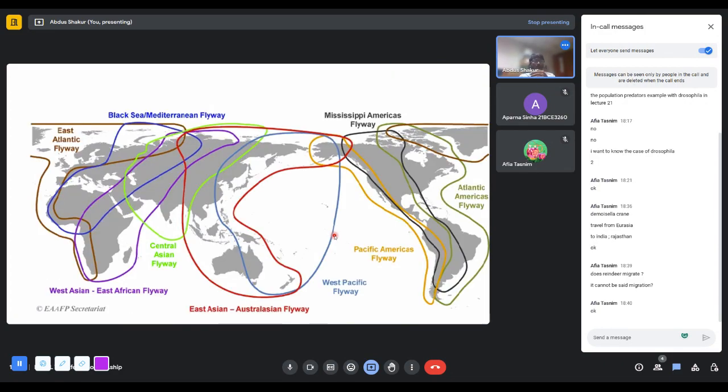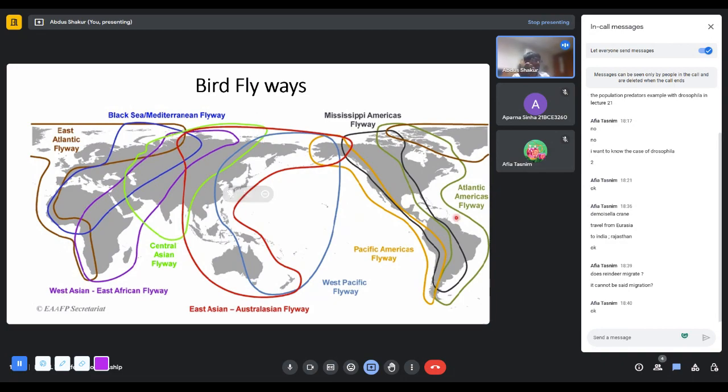So since we are talking about migration as movement along fixed routes, if you look at the migratory routes of birds, they follow these fixed routes. For instance, what comes onto the Indian subcontinent majorly is called the Central Asian flyway.